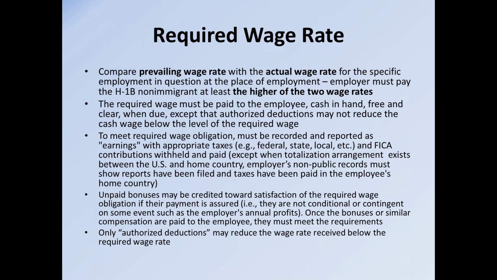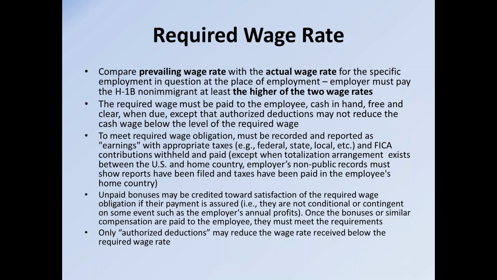So like I said, the required wage is the higher of the actual or prevailing, and the employer must promise to pay at or above that amount. So what does that really mean? Well, it has to be the gross salary. If it's a full-time employee and the required wage rate is $64,000, then the gross annual salary would be $64,000.